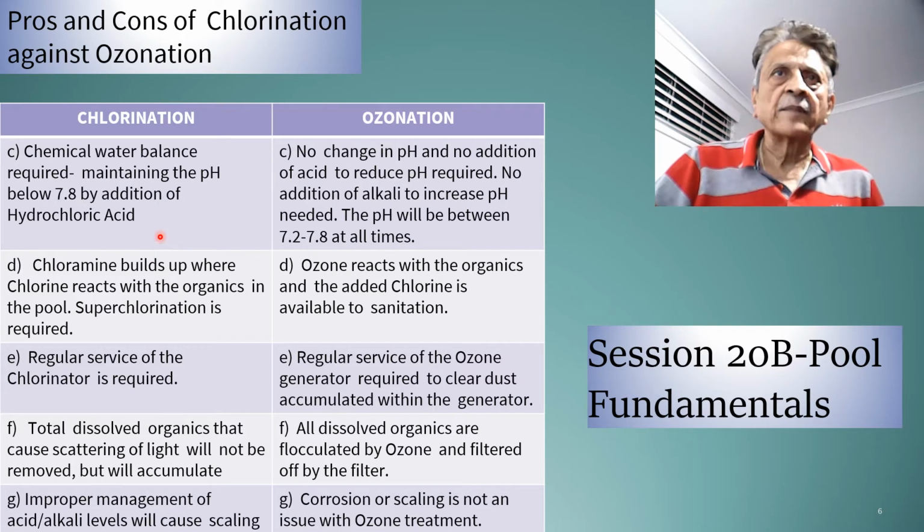These chloramines are toxic and carcinogenic, and therefore regular superchlorination is required. Superchlorination is, of course, a breakthrough chlorination where you increase the chlorine level of the pool to about 10 ppm so that the formation of chloramines can be reversed.